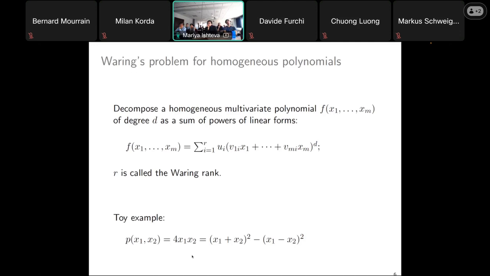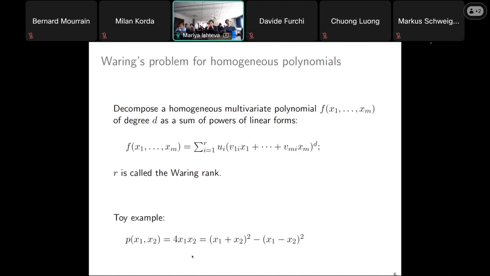So it's a homogeneous polynomial of degree d, so the powers that we take will be, of course, d. What do we allow? A certain number of terms, r, because it will relate to the rank of a certain tensor. And then here we allow linear combinations of the initial variables.